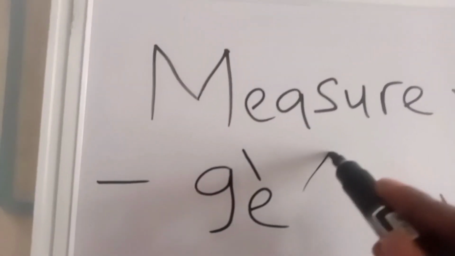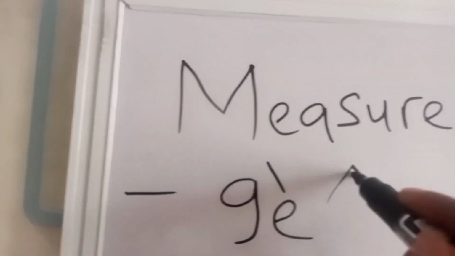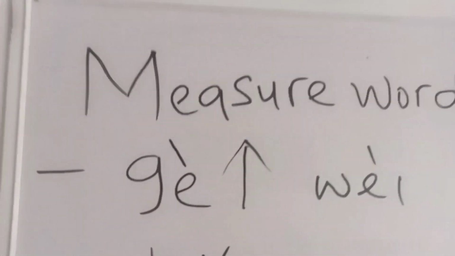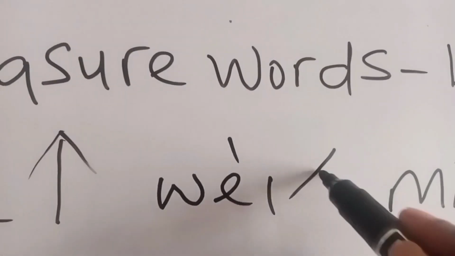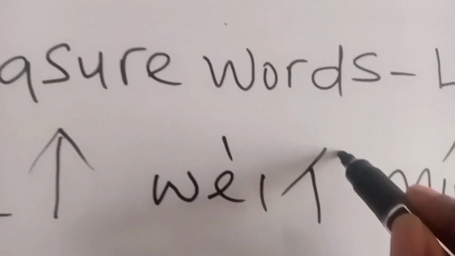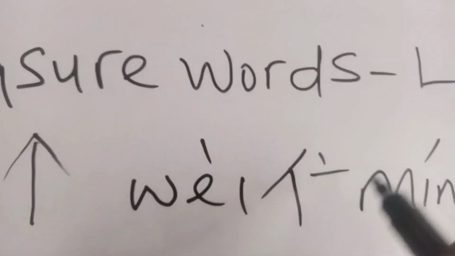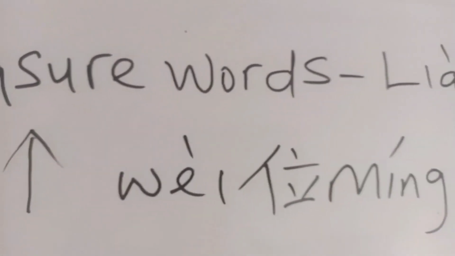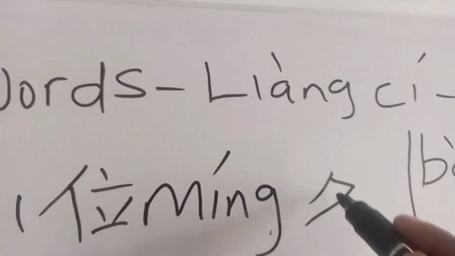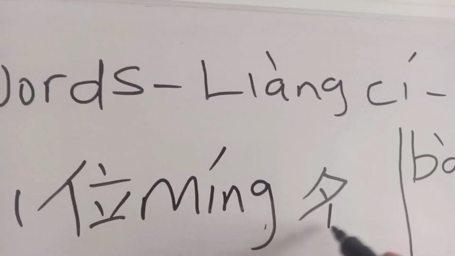Ji, this is how to write ji. And this is ji. This is wei. This is ming.